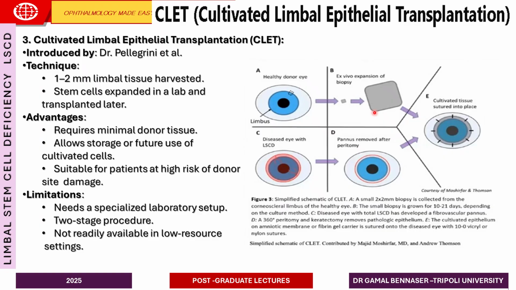After 2 to 3 weeks, the cellular sheet is transplanted onto the recipient eye, and it depends on the type of graft. If it is autologous CLET, autologous means that we take the sample from the contralateral eye. So in this case, there is no need for immune suppression.